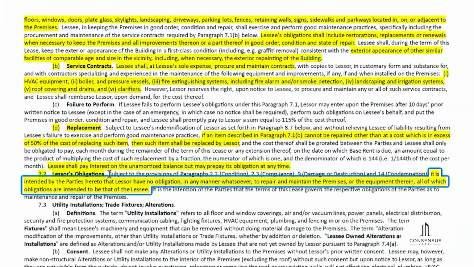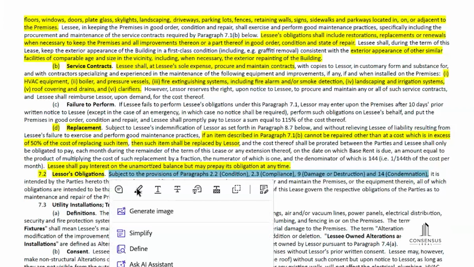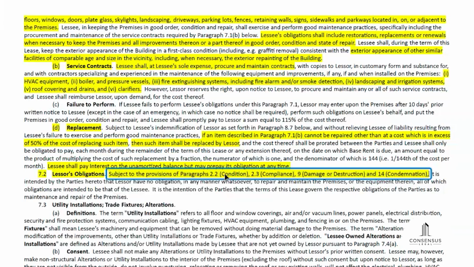If you notice this initial phrase, it says here, subject to the provisions of paragraphs 2.2, 2.3, and 14, it's intended that lessor has no obligation.